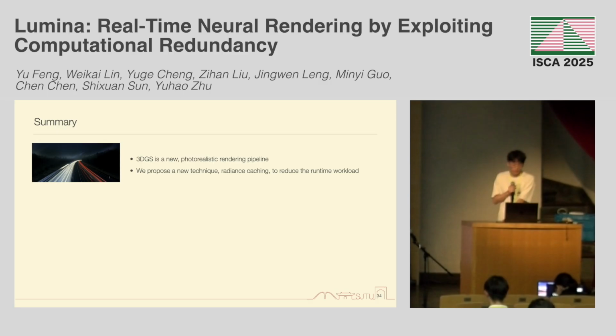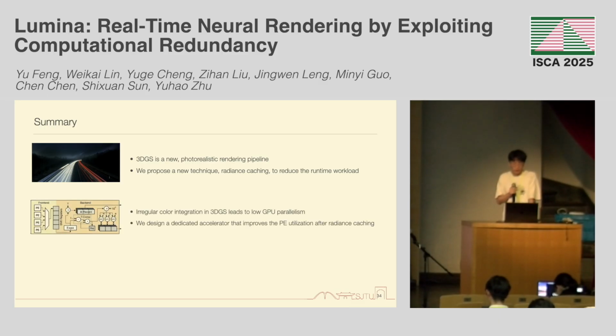So to summarize, 3D GS is a new photorealistic rendering pipeline, and we propose a new technique, radius caching, to reduce the overall computation. However, radius caching will inevitably introduce irregular color integration in 3D GS, which leads to low utilization on GPU.